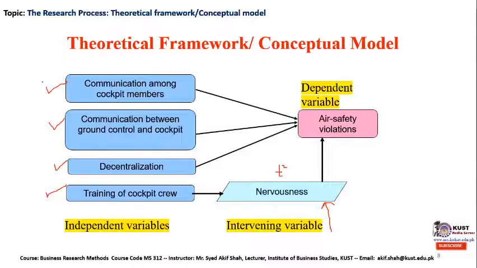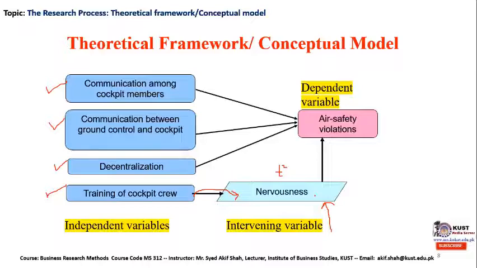So a researcher can theorize the relationship of this training of the cockpit crew in the fashion that when the pilot and the cockpit crew are less trained, it will lead towards nervousness amongst the cockpit crew and the pilot when they are in an emergency situation, and there is a possible chance of air collision with another airplane.